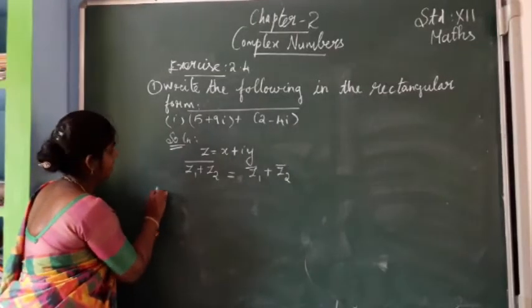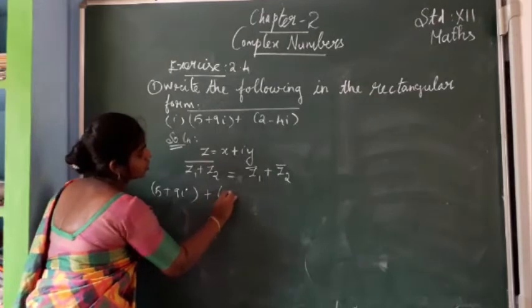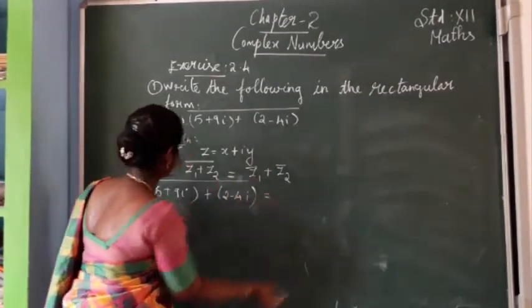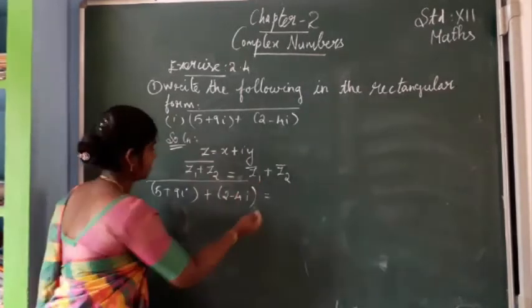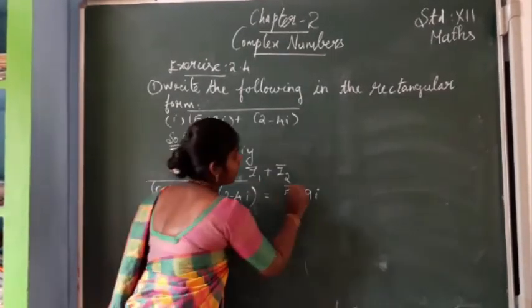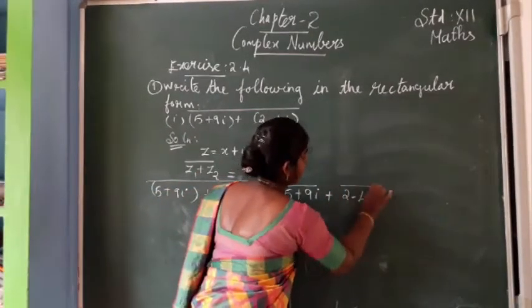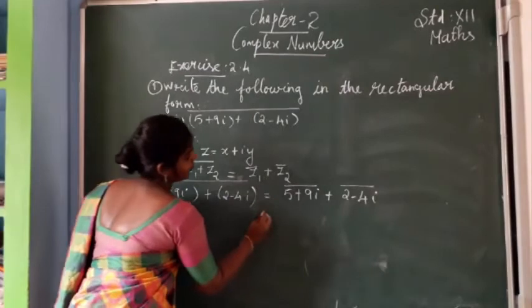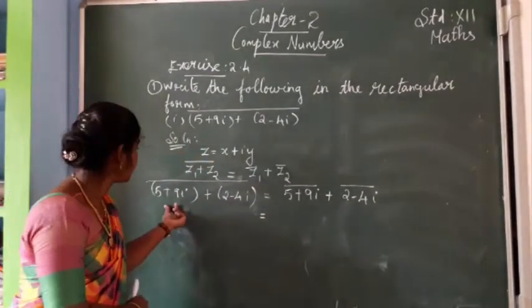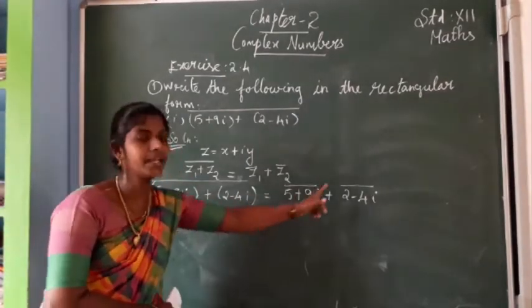So (5 plus 9i plus 2 minus 4i) the whole bar is equal to, substituting, (5 plus 9i) bar plus (2 minus 4i) bar.